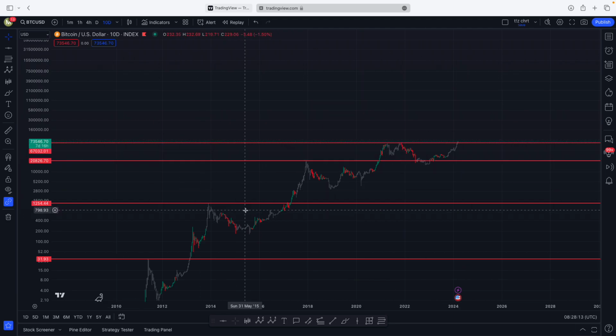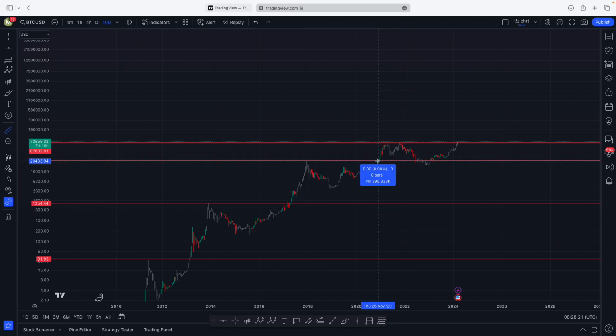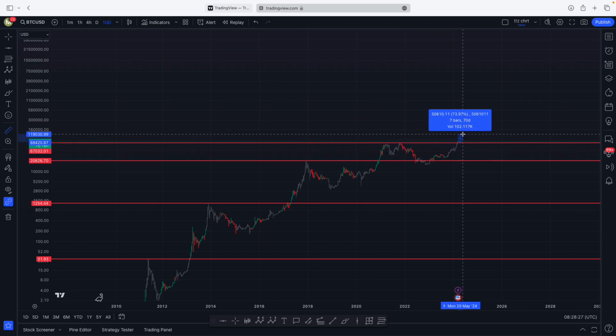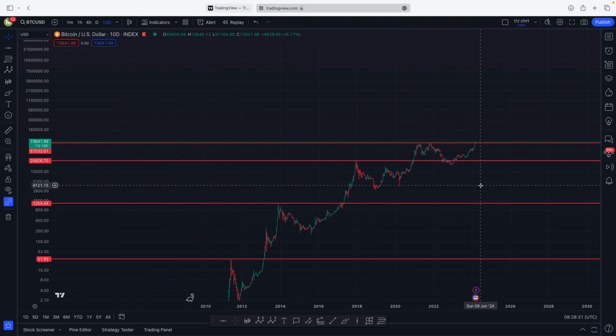So it looks like the next thing we could see is easily a 100% spike. Here it was a 100% spike as well. So Bitcoin could pull off just a 100% spike here, and everybody would be super shocked. So that is basically what I'm seeing right now for Bitcoin.